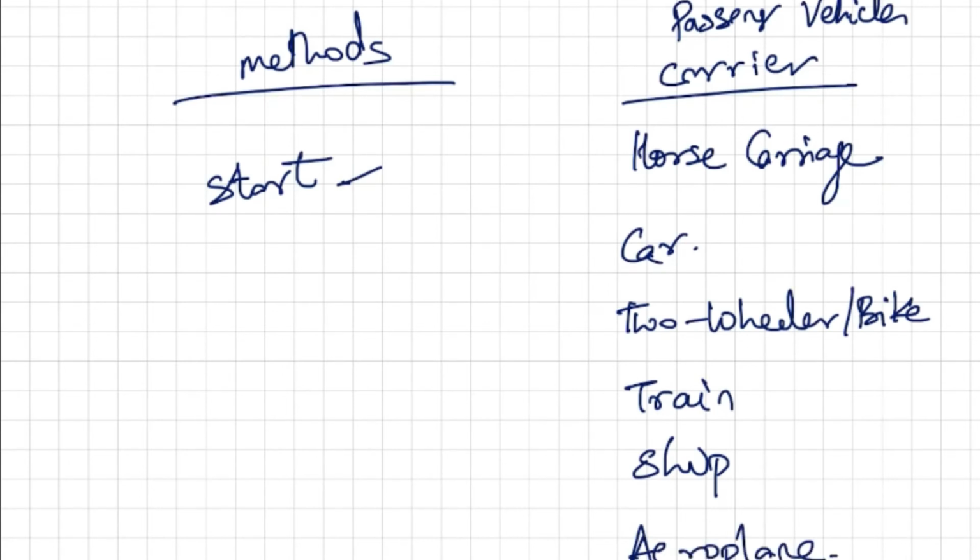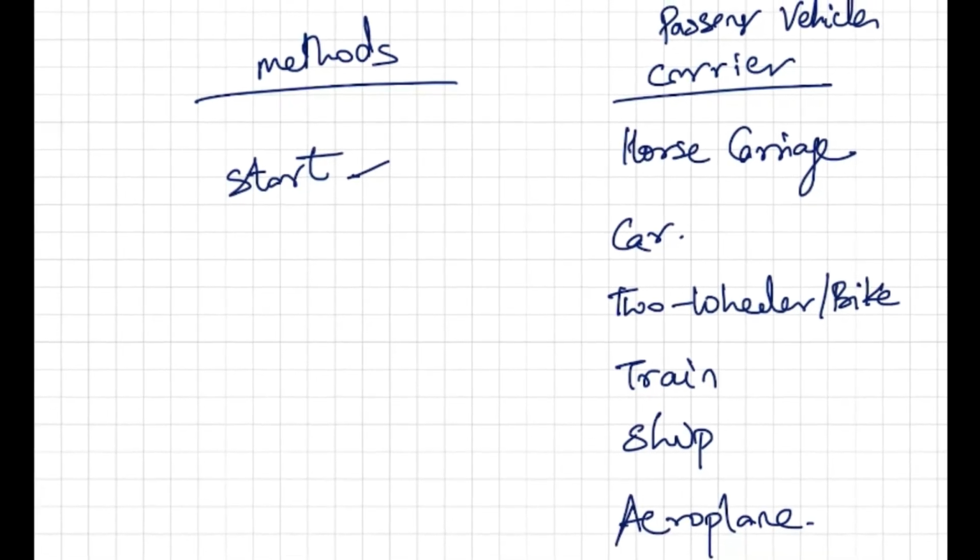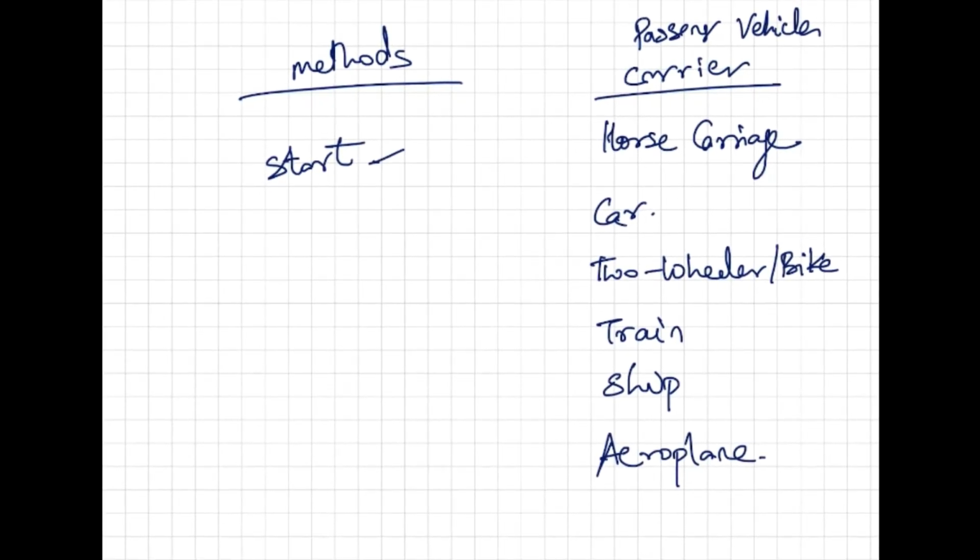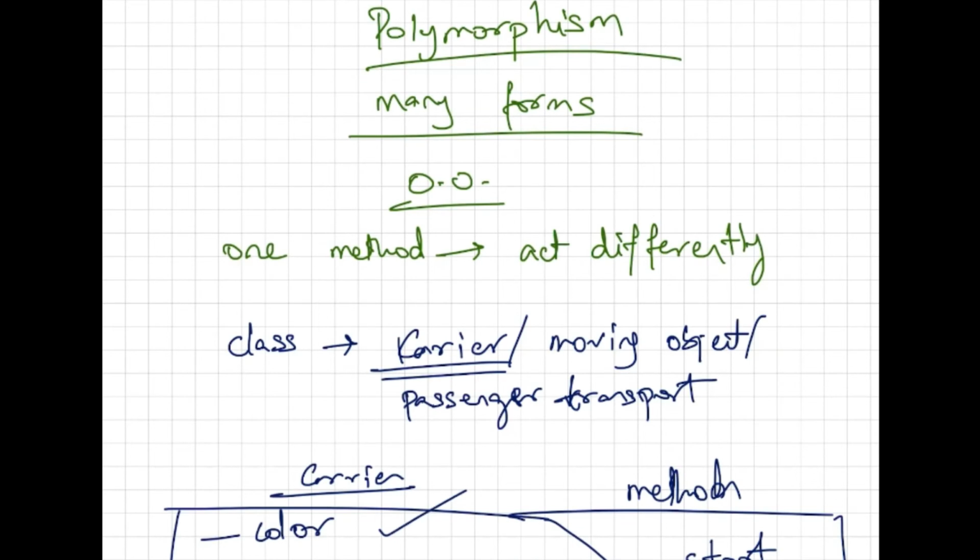All these fall under the category of carrier because they can move objects from one place to another, and they have certain attributes as we already discussed: color, make, model, size, and mode of transport.